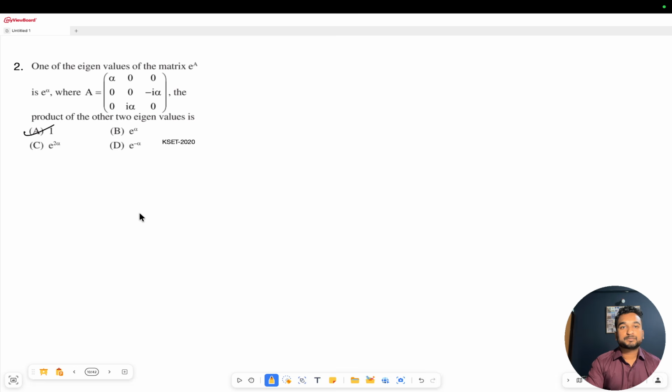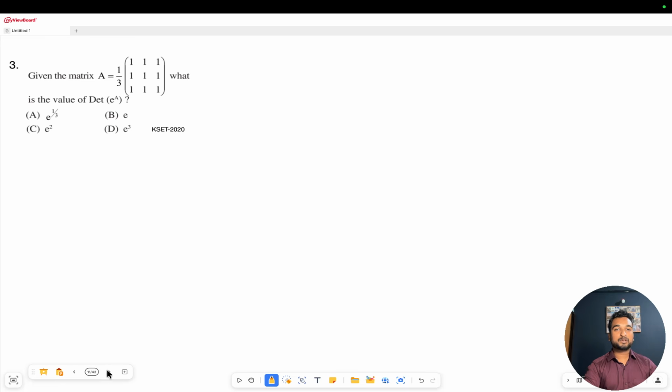Lambda 1 lambda 2 lambda 3, if you are very used to this type then you can solve, but for now you solve by this method only, because I was telling about this formula that you use trace of A and determinant of that. From that also you can solve the question, but for now let it be. We'll move to the next question.